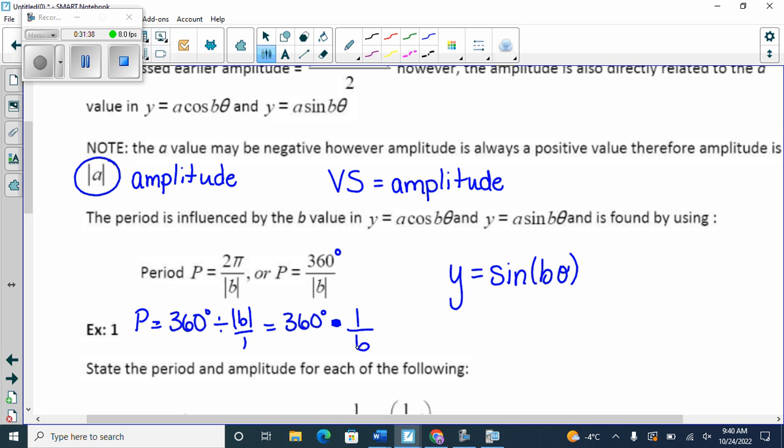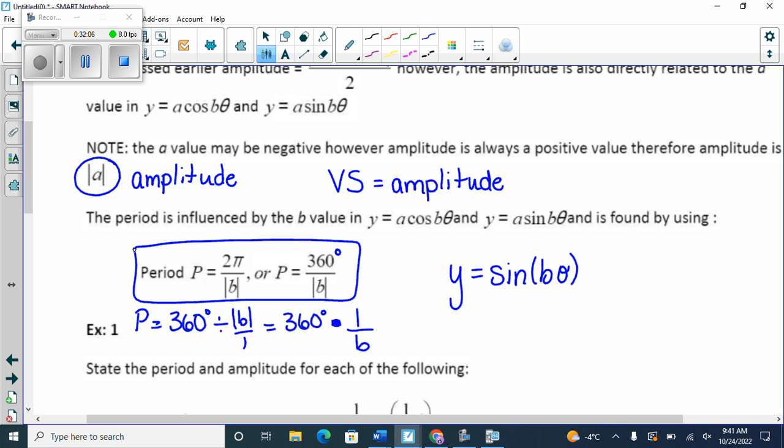We agree? So either you memorize it as, or learn it as, you can use these formulas, but you're just using b. You're not using the horizontal stretch, correct? Some people will go and use these formulas and then put the horizontal stretch in. Is that the horizontal stretch? No. So either you use those formulas and you divide by the absolute value of b, which is indirectly multiplying by the horizontal stretch, or you just multiply by the horizontal stretch, right? Don't commingle them.